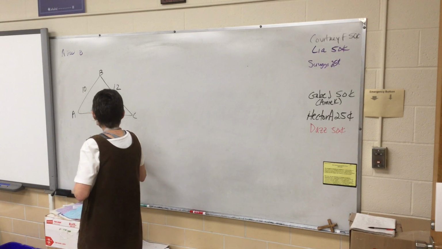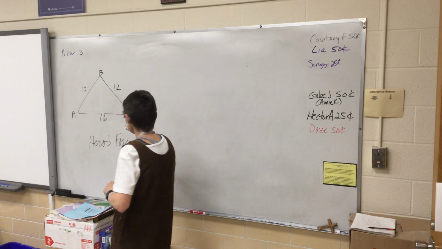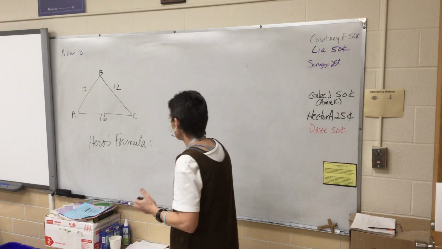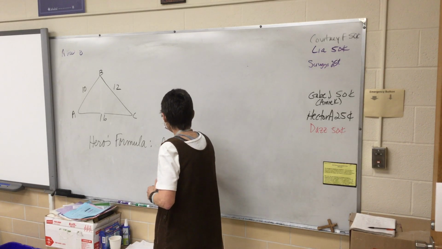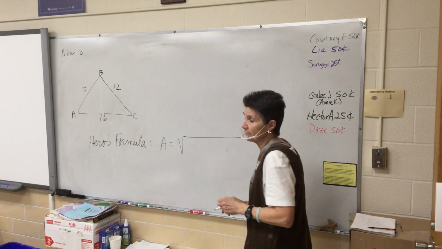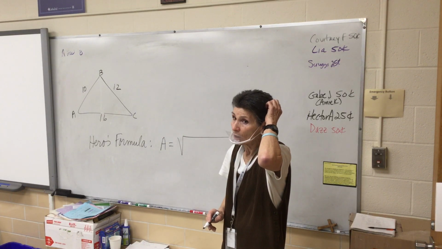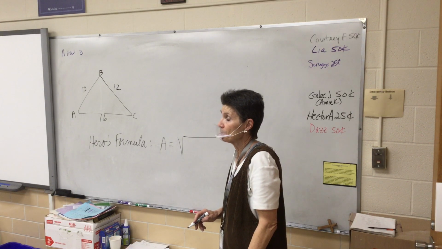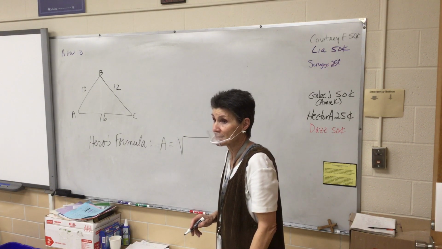And it is a very easy formula to use. I'm in awe of somebody so smart to figure this out. We use Hero's formula when we know all 3 sides. Please don't use it in other situations.